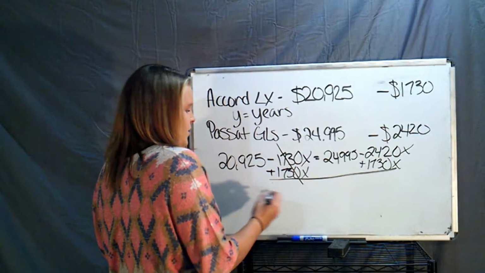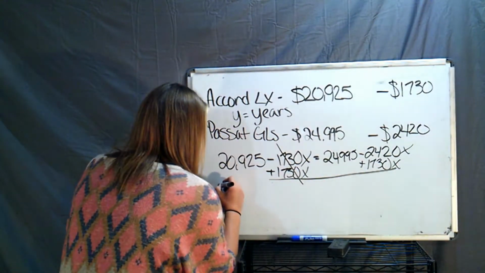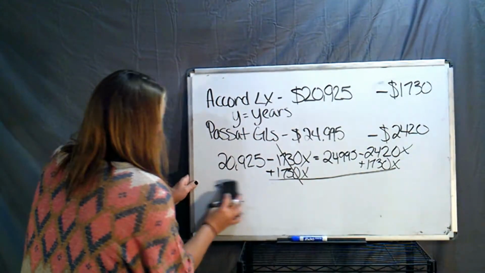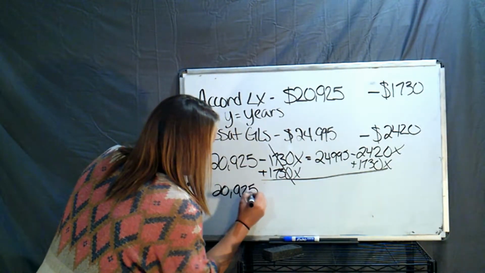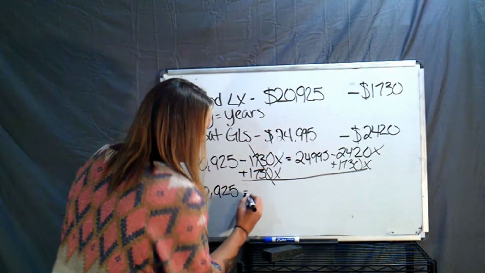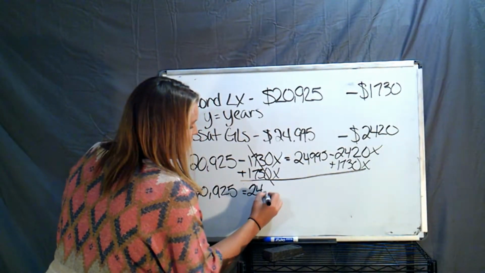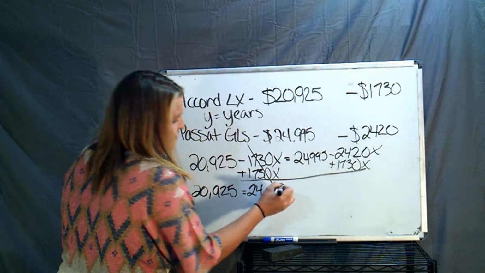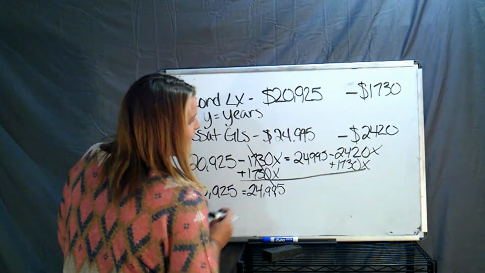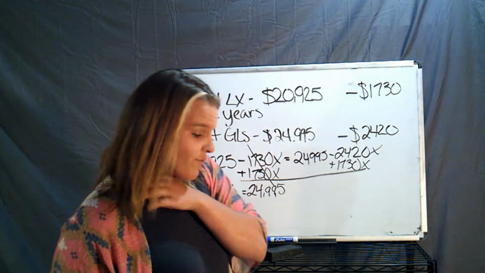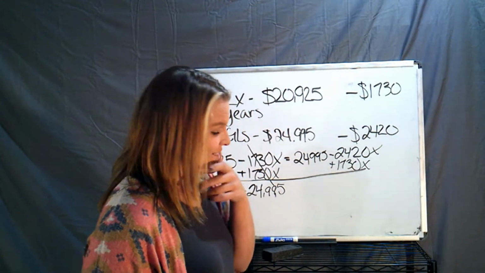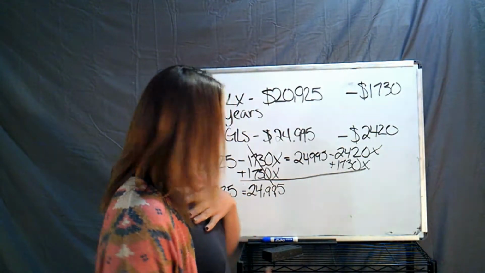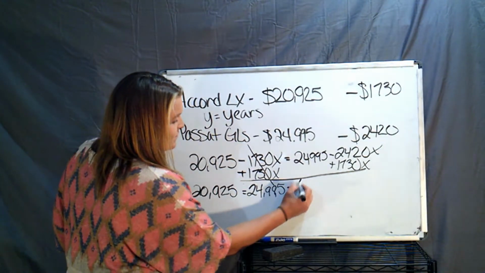These can cross out, and I will have 20,925 is equal to 24,995, and then negative 2,420 plus 1730 is equal to a negative 690x.